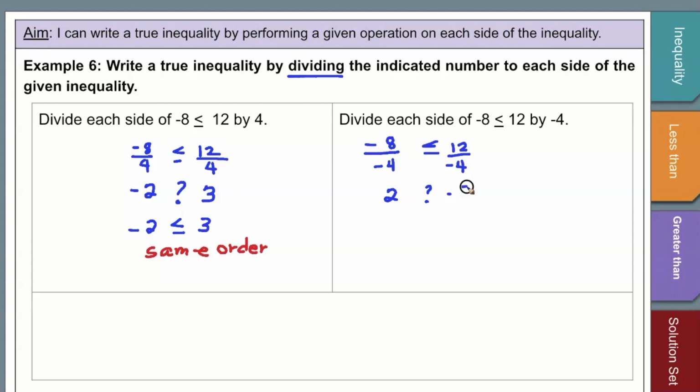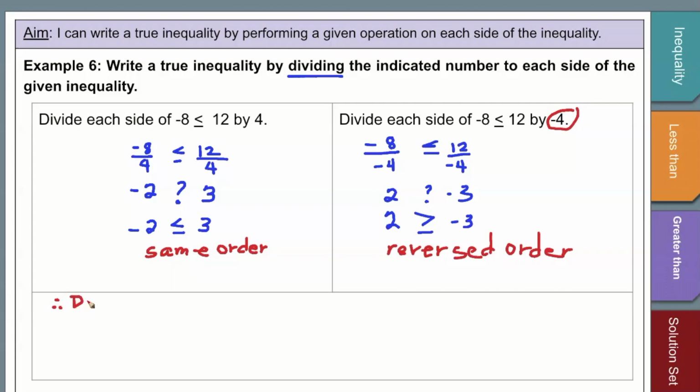Therefore, we have to reverse the order from less than or equal to, to greater than or equal to. 2 is greater than or equal to negative 3. This is a reversed order of the original inequality because we divided each side of the original inequality by a negative number. What does this mean?